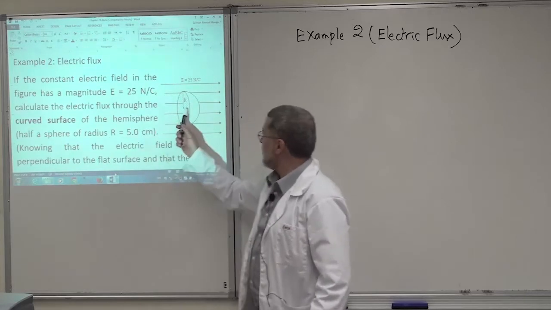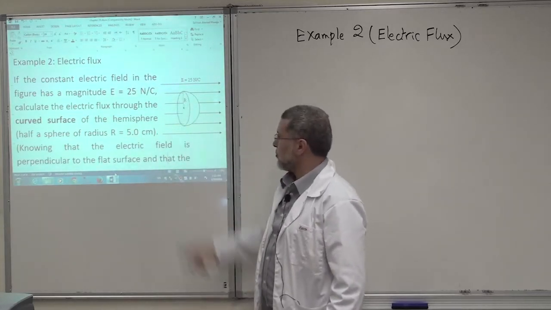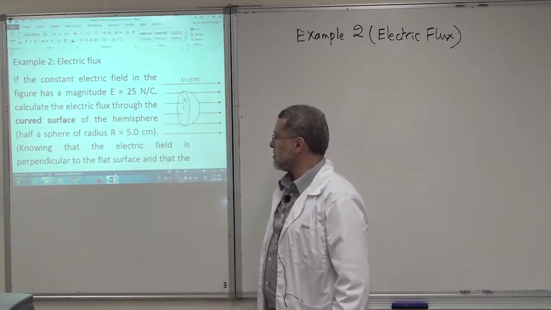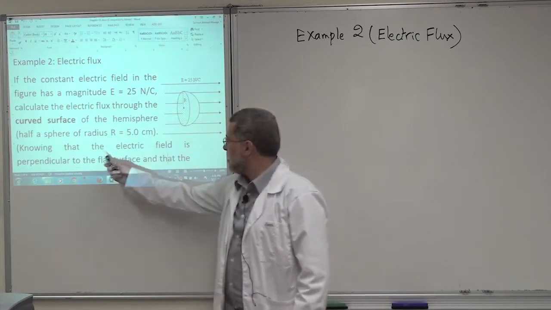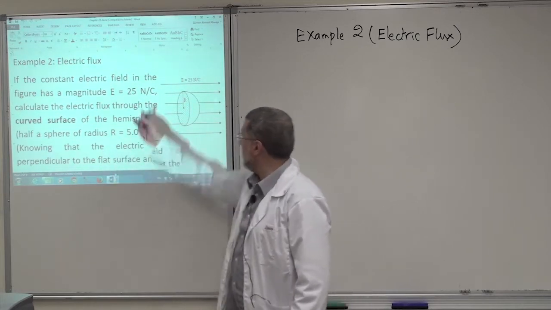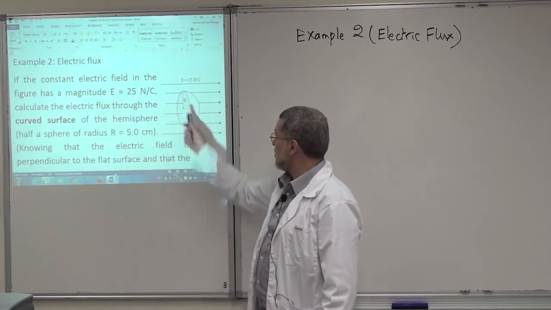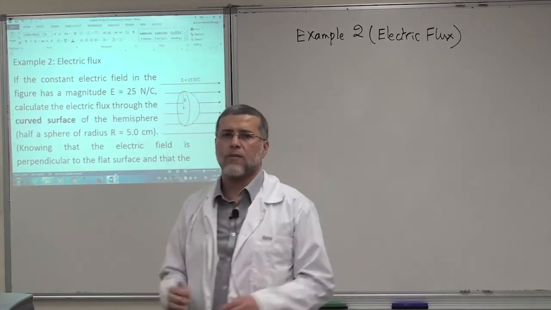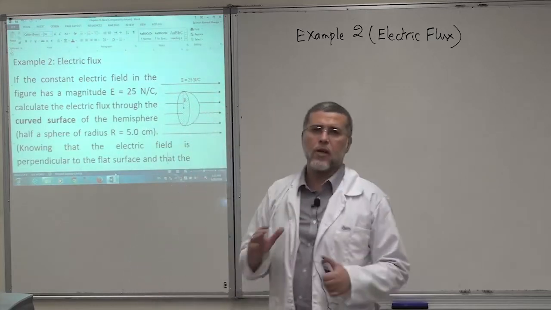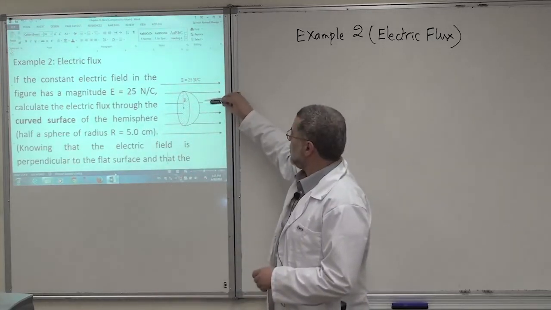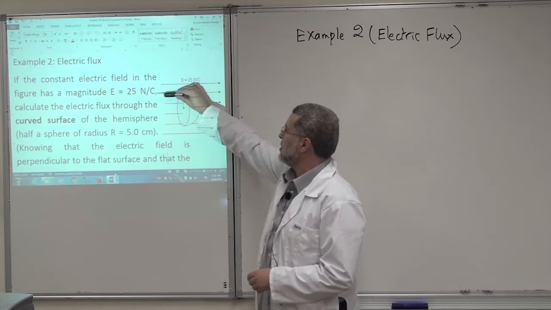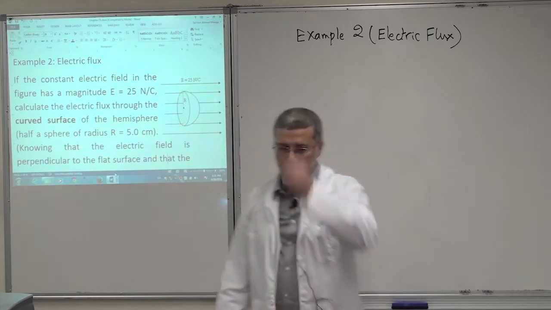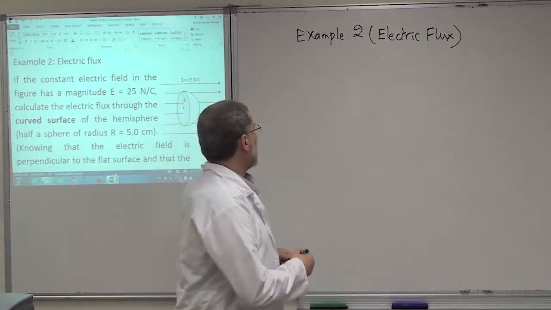He gave you the radius of this flat surface here, 5 centimeters, knowing that the electric field is perpendicular to that surface, and there is no charge inside the hemisphere. So the electric flux is coming from the external electric field here, which is crossing this surface. Of course, that electric field is crossing two surfaces.